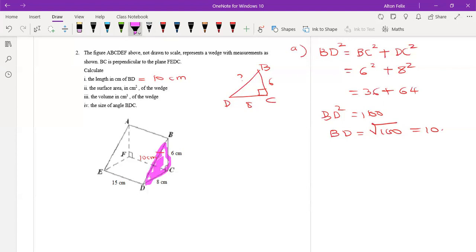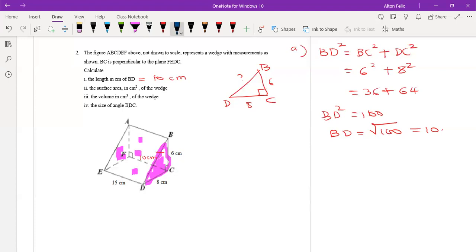And notice how on the other side you have a similar triangle. So therefore, this wedge consists of two triangles. Then we have this front face ABED right here, the front face. Then you have the bottom rectangle. Then you have the back rectangle.